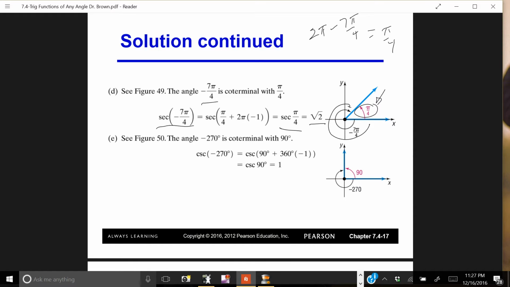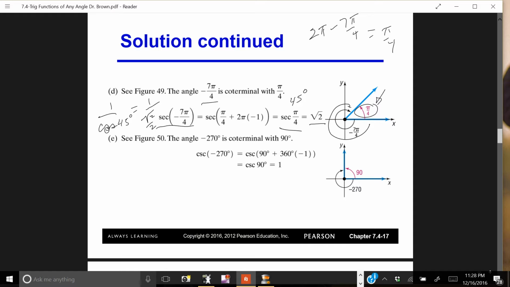You can also get this by realizing that pi over 4 is 45 degrees, and taking 1 over cosine of 45 degrees, which is 1 over square root of 2 over 2.